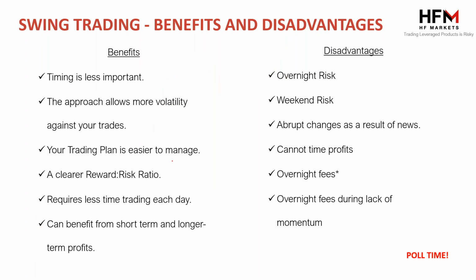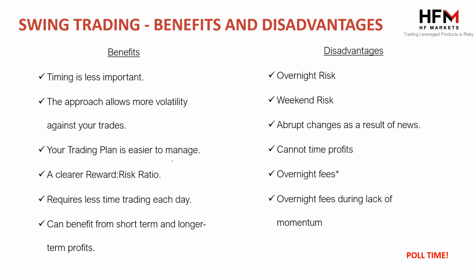Your trading plan is easier to manage. When you're looking at swing trading, you're trying to earn more per trade and you're trading less. When you're looking at ultra short term trading, especially the strategy we looked at throughout the month of April, you're looking, ladies and gentlemen, at potentially opening 20 to 40 trades a day.